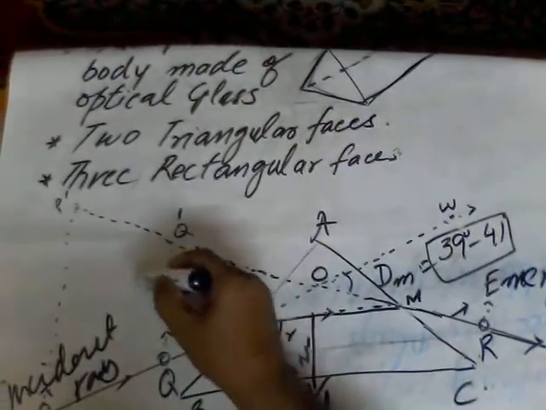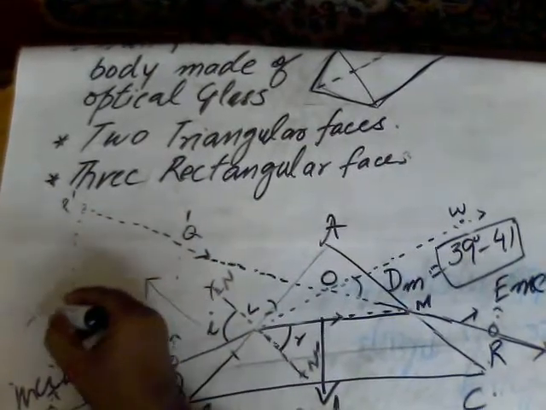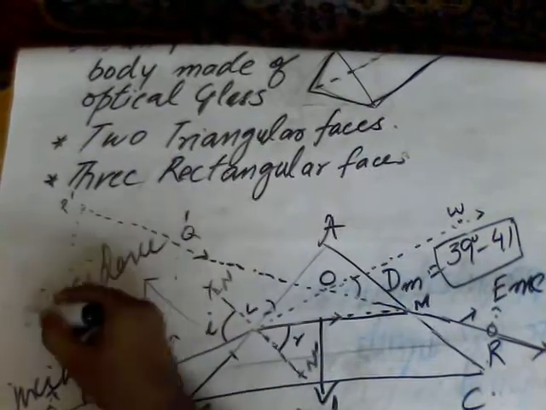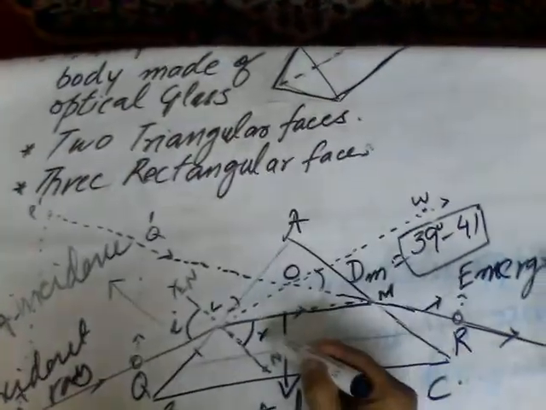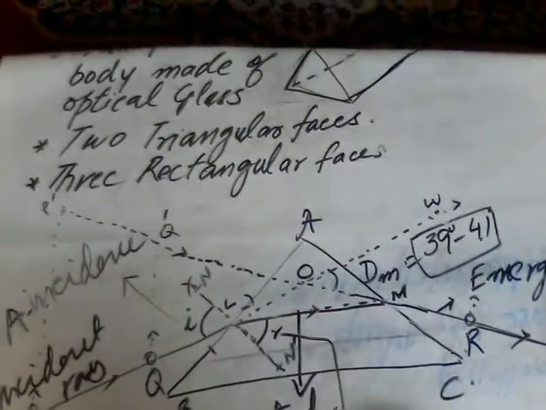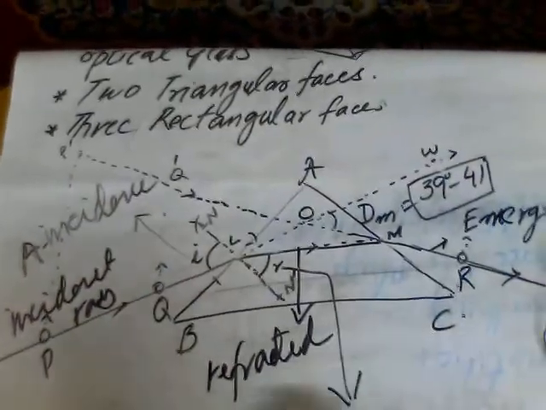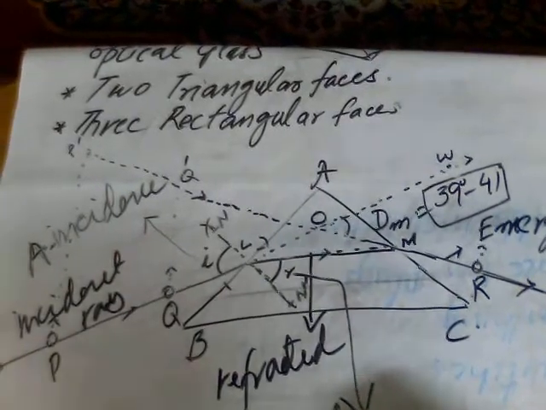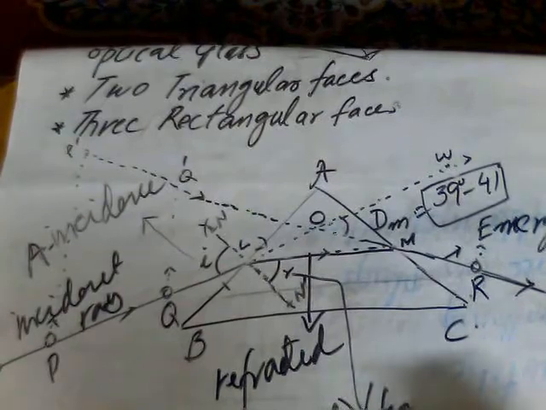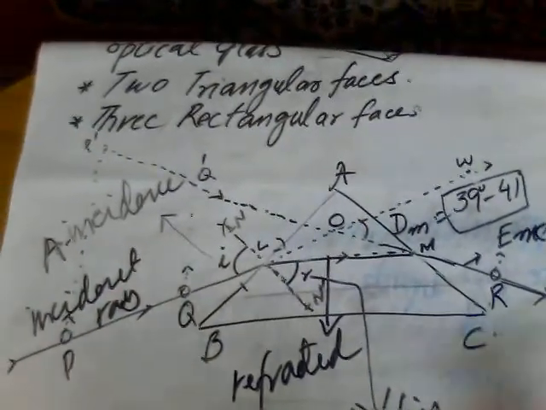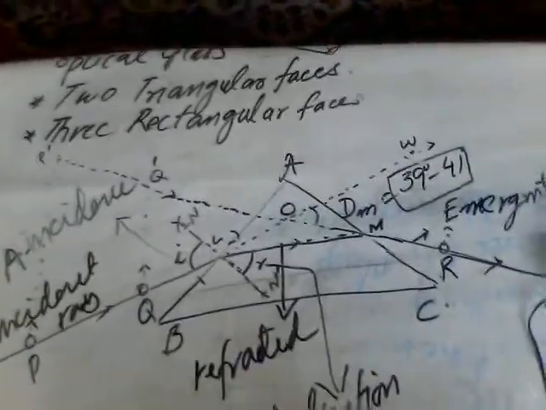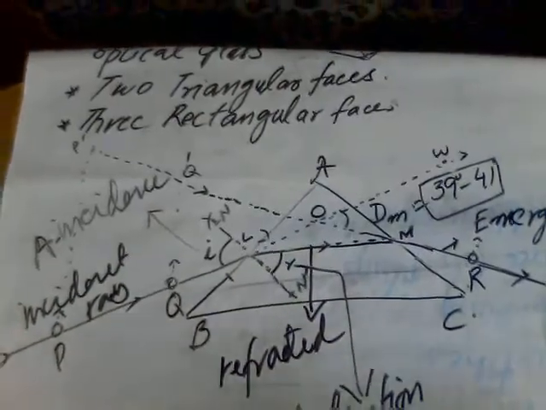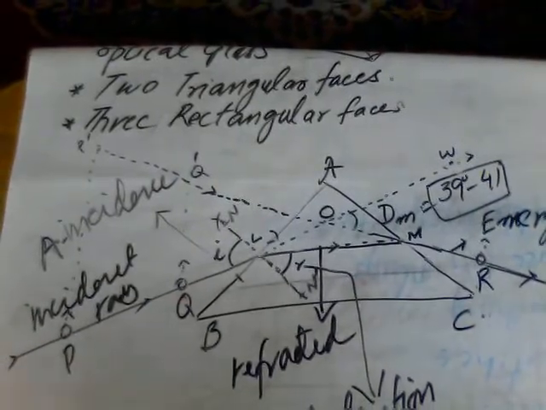This I is the angle of incidence, and this R is the angle of refraction. So while we perform the experiment, we explain to the students that the labeling also bears 3 marks.